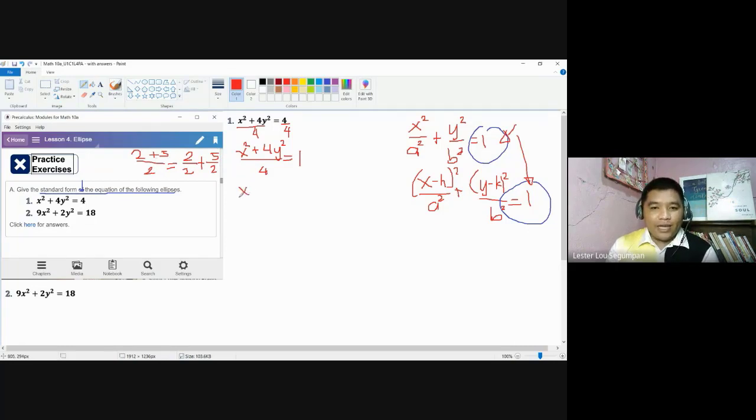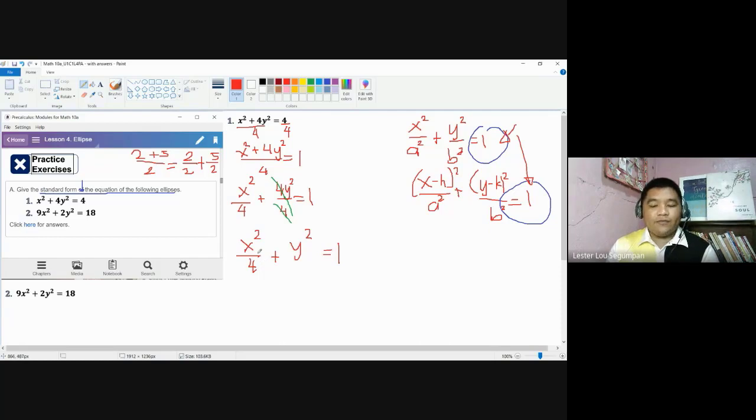So we have x squared over 4 plus 4y squared over 4 is equal to 1. We can still simplify this, and definitely the standard form for the equation of this ellipse is x squared over 4 plus y squared over 1, or you may not write the 1, equal to 1.